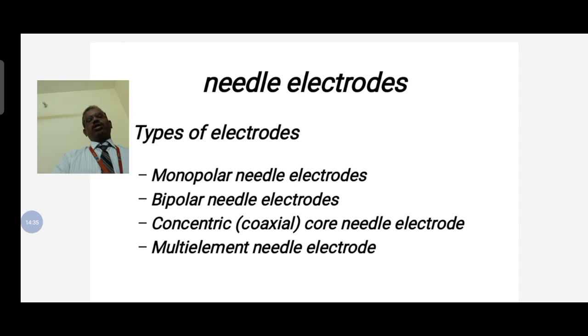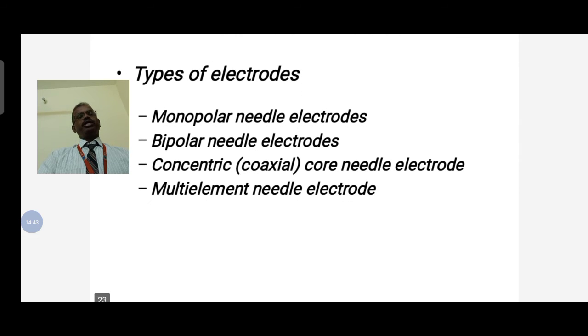Monopolar means single polar, bipolar means two poles, and multi-element has multiple poles. Multi-element electrodes are available with different numbers of elements. These are the main types of needle electrodes.